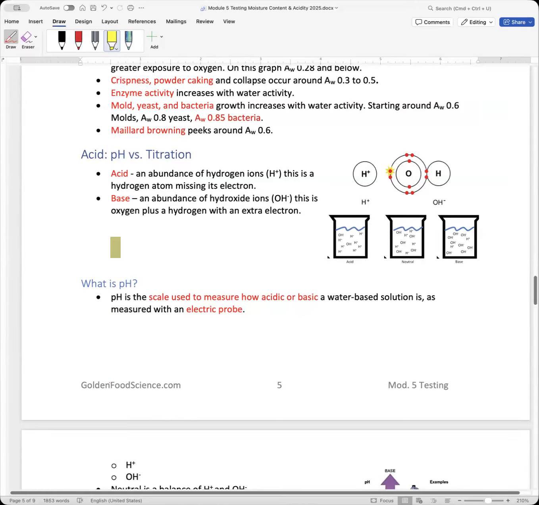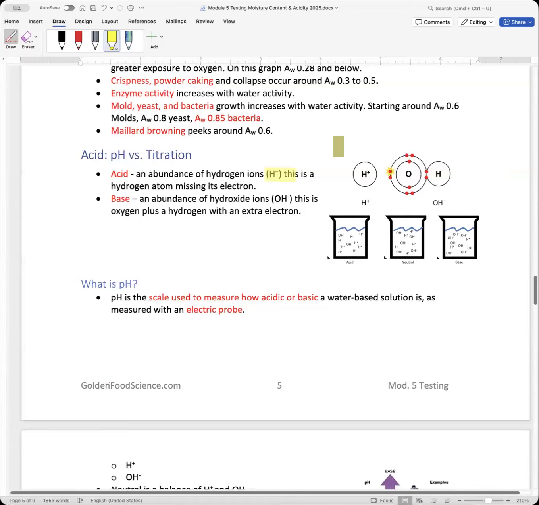An acid is something that has a lot of positive hydrogen ions. Remember, the hydrogen is normally neutral. It has one proton and one electron, going way back to the beginning of class. But when it reacts with the oxygen over here, the oxygen is really big and a hog, and it can steal the electron.